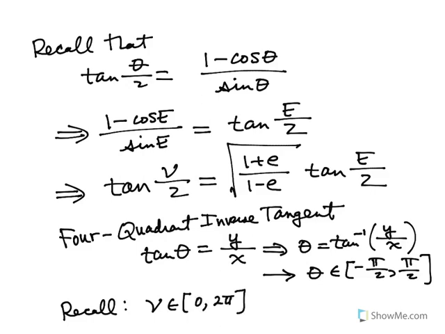And since we need to deal with all 4 quadrants, we cannot use a standard inverse tangent to relate nu to e. So a standard inverse tangent is insufficient.